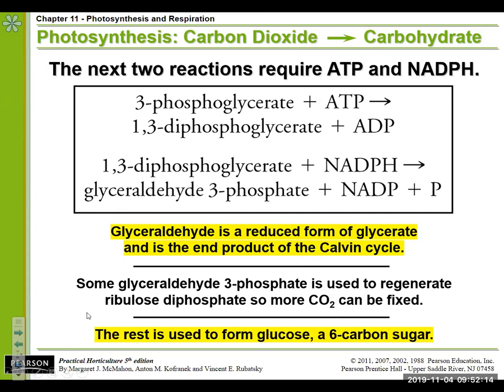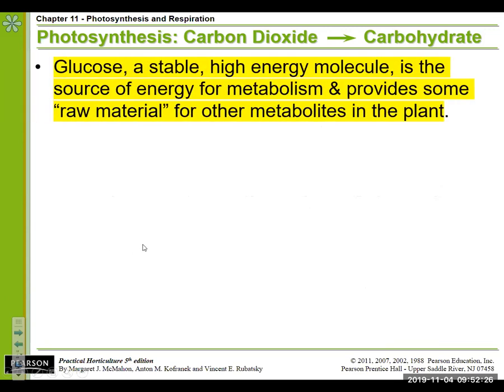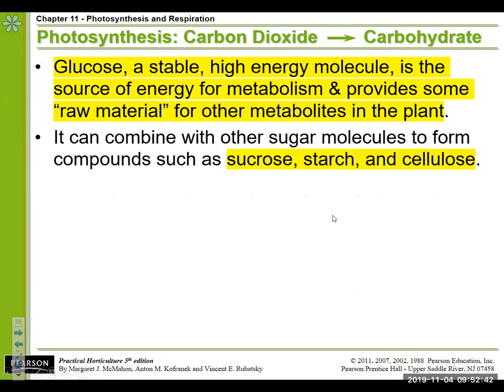creating other enzymes, catalyzing those enzymes, creating the proteins, and actually making the sugar itself that we get from plants. So glucose, C6H12O6, is a stable, high energy molecule and is the source of the energy for the metabolism of the plants, and also provides some of the raw material for the other metabolites in the plants.